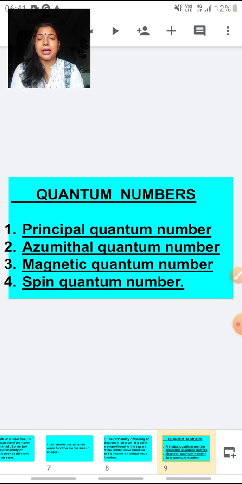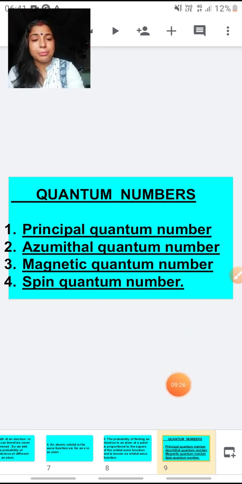Still I'll try. You also have to be very careful while understanding the quantum numbers. Now see, there are 4 quantum numbers: the principal quantum number, azimuthal quantum number, magnetic quantum number and spin quantum number.